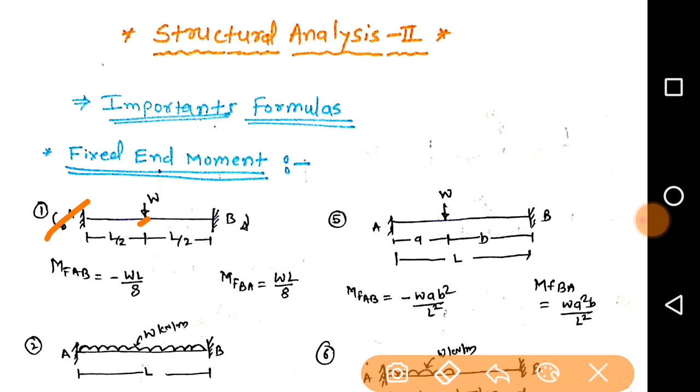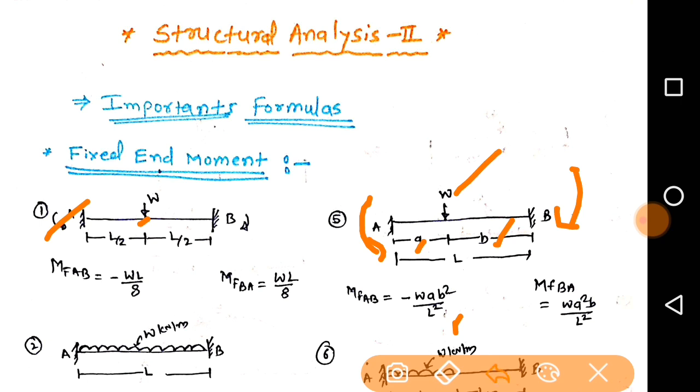The fixed moment will be W a b square divided by the whole length square, that is L square. The first moment is negative because it rotates anti-clockwise, and the second moment will be positive. So the moment at B, MFBA, is W a square b upon L square. Here a b square, here a square b.